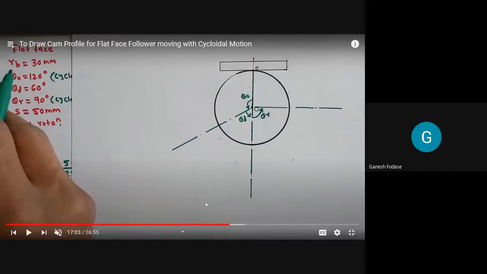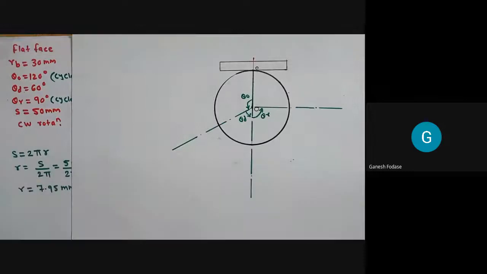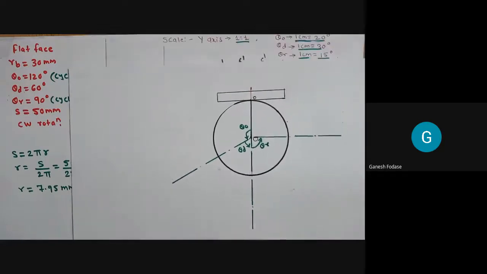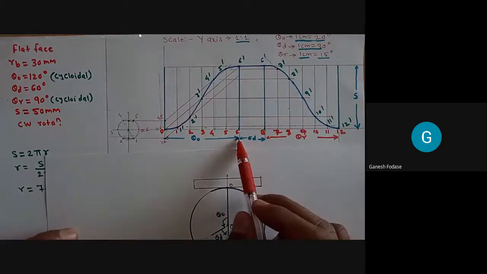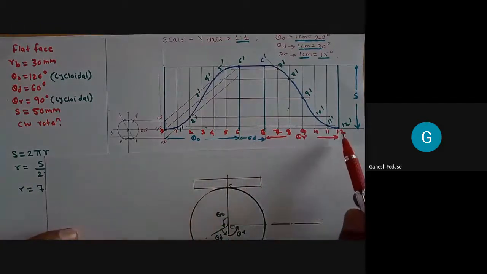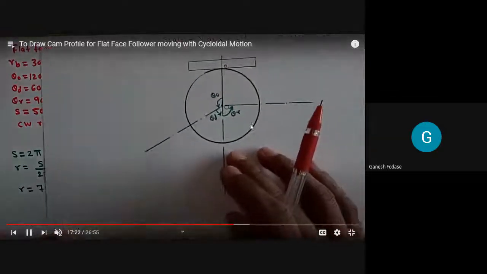As we saw, the displacement diagram was divided into 6 parts during rise and 6 parts during return. We can see here it is divided into 6 parts in rise and 6 parts in return. So the same parts we are dividing.